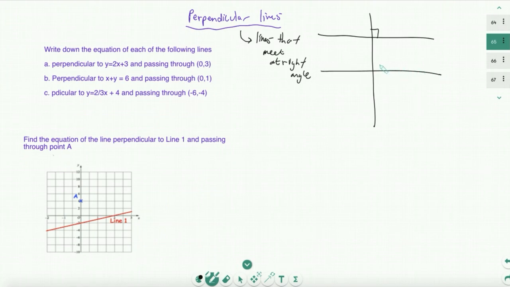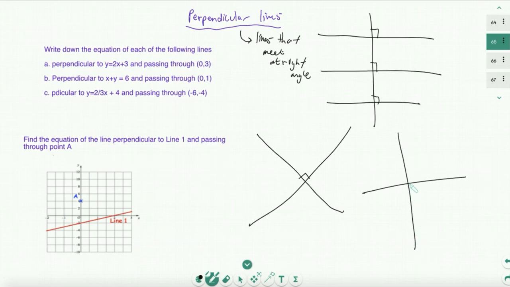Or it could be like this, right angle. Or like this, right angle. Or if I have a line like this, I could draw a line like this, and they meet at a right angle, or like this. These lines are perpendicular to each other.